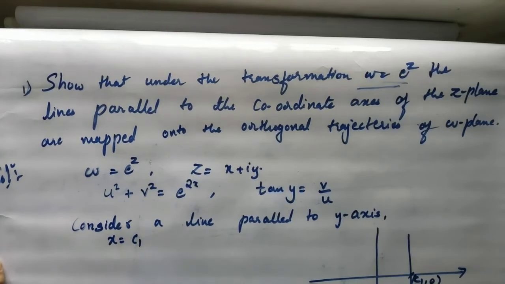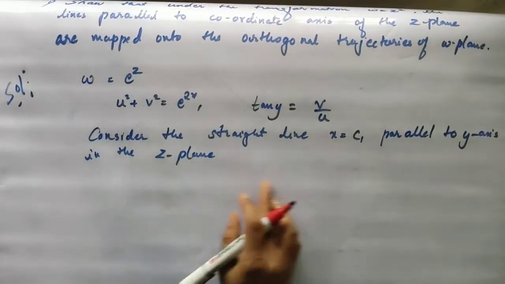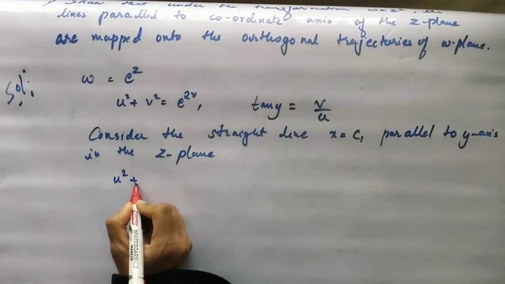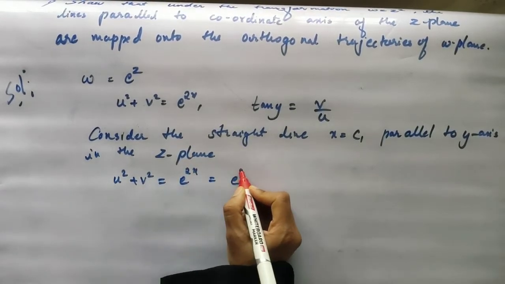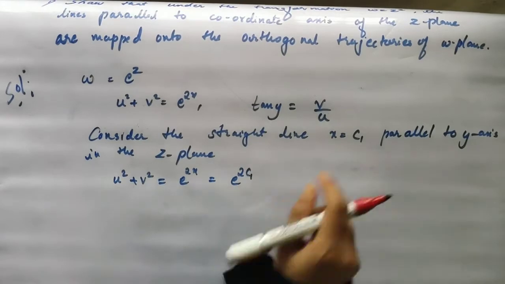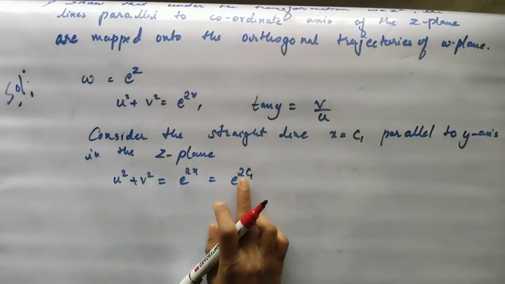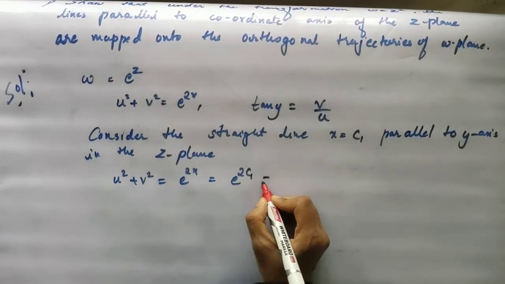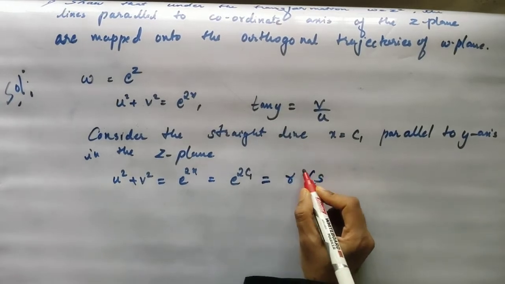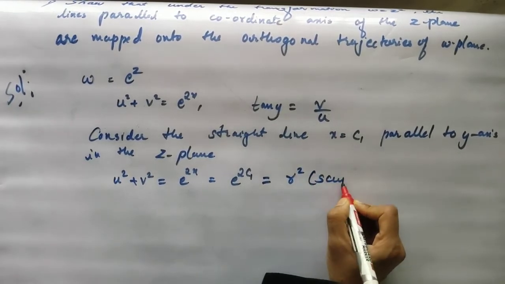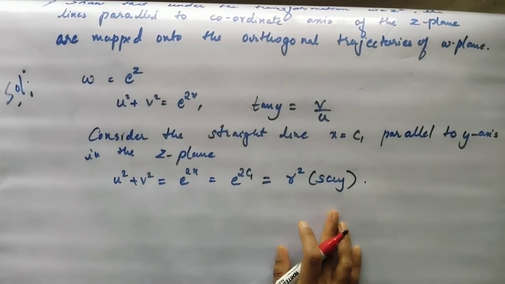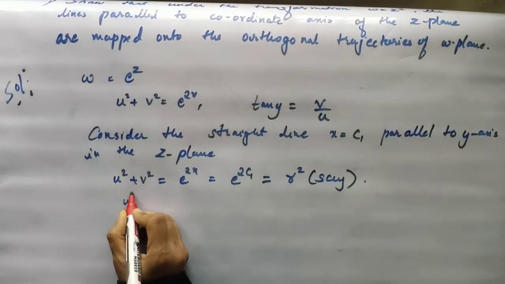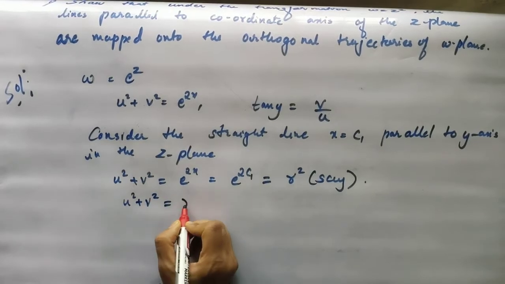So we will substitute x, it's a constant. You will have u square plus v square is equal to e to the power 2x, that will be e to the power 2 into C1, because x is C1. C1 is constant, so e to the power 2 C1 will also be a constant. I can equate it, say, to r square. Therefore u square plus v square is equal to r square.